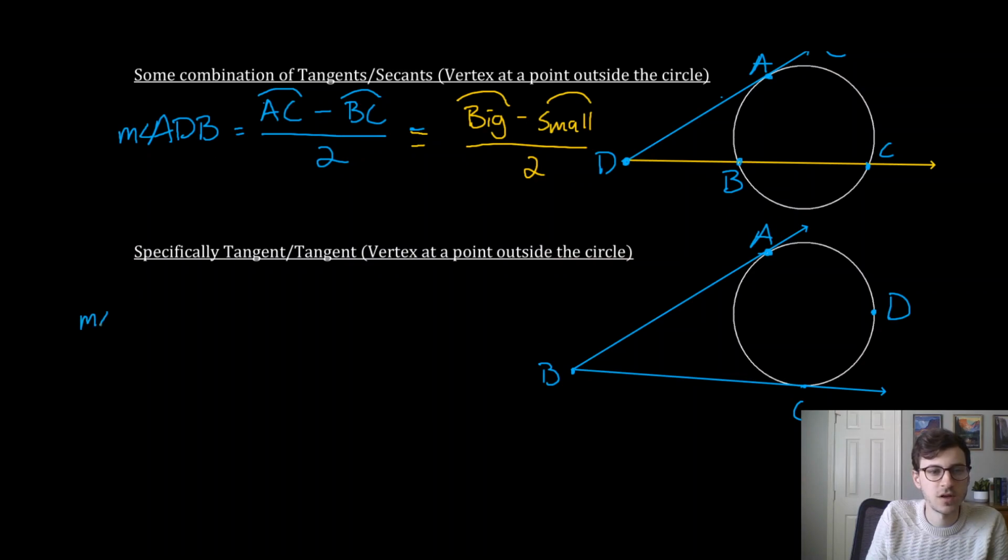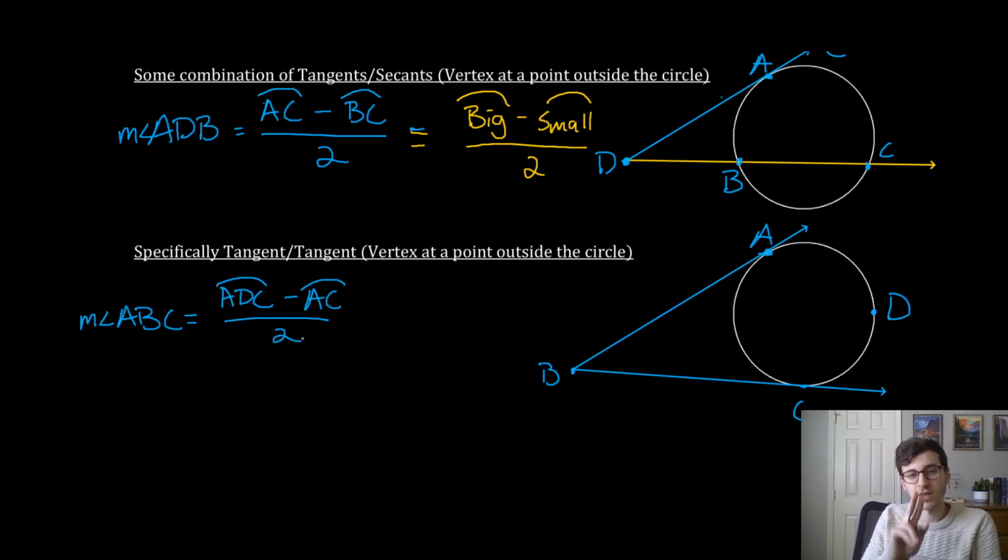The measure of angle ABC is equal to the big ADC minus the small AC divided by 2. Now, there's a difference here with tangent. What's the difference?